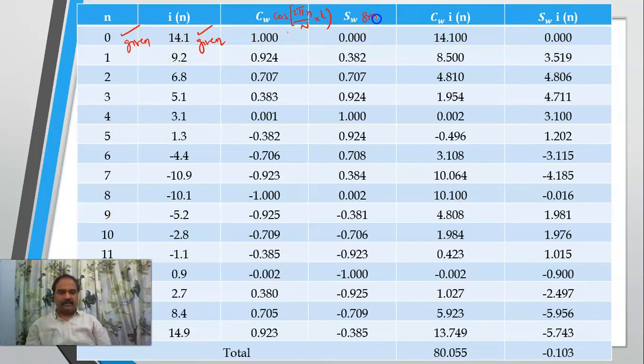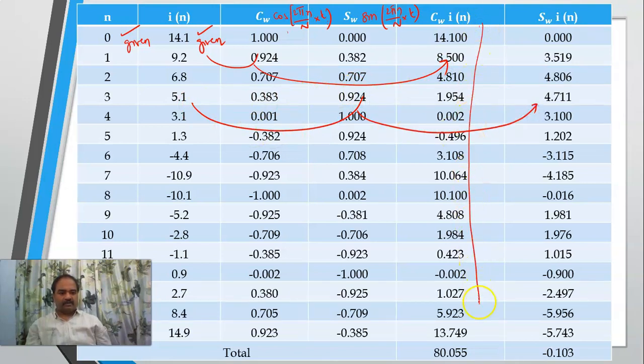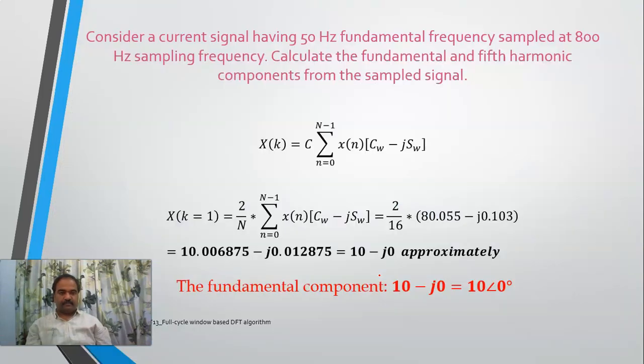Similarly, this is sine 2 pi by capital N into k. Once I do it, these two are multiplied and brought here. Next, these two will be multiplied and brought here. Once it is done, the summation of these terms is 80.055, and the summation of the others is minus 0.103.